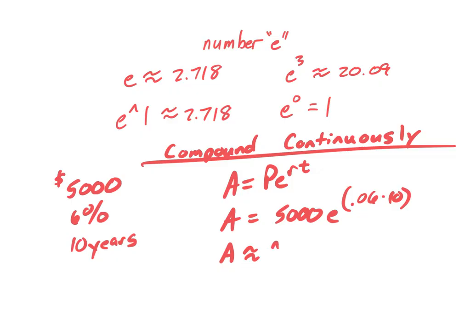Okay. And how many cents? 59. Okay. So it's still over 10 years, it's still 6%, but because your money is continuously compounded, because you're continually making money each day, each moment, the answer is different. Okay, so those are the two different kinds of compound interest formulas that we're going to see.